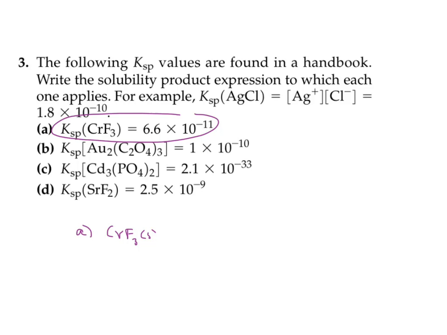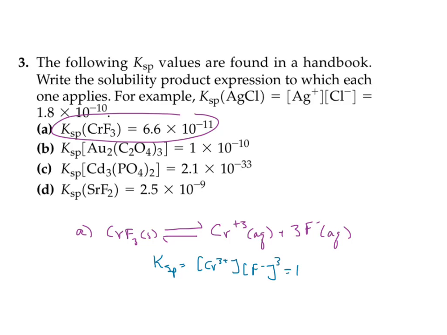I would like you to show me the ionization, showing it going from its solid state into its dissolved state. And then, once you get it there, I want you to write the expression. So the expression is the molar concentration of the cation raised to its stoichiometric coefficient times the molar concentration of the anion raised to its stoichiometric coefficient. That's what I'd like to see you do. I know it's a little different from their example, but I want to see the equilibrium, only because I care.